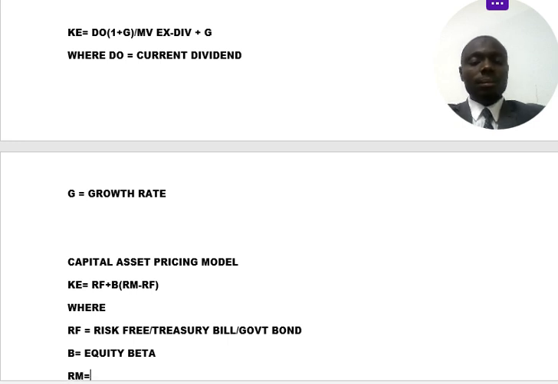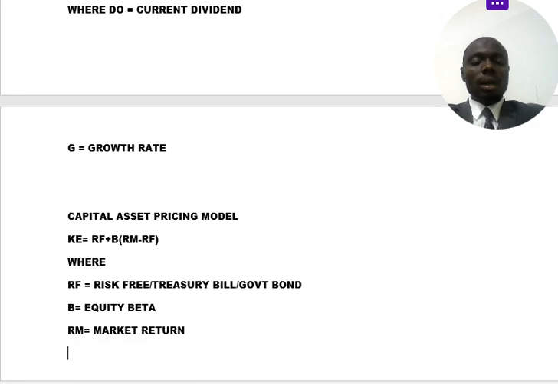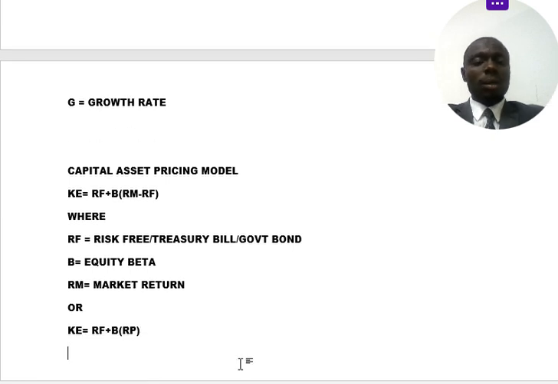Now, RM is the risk market return. So the cost of equity is equal to risk-free plus equity beta times risk premium, in a question where risk premium is given.